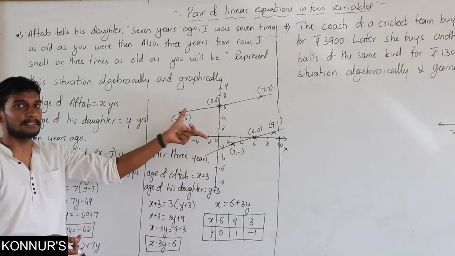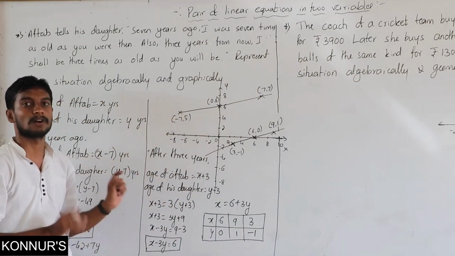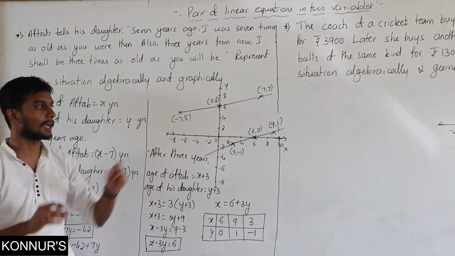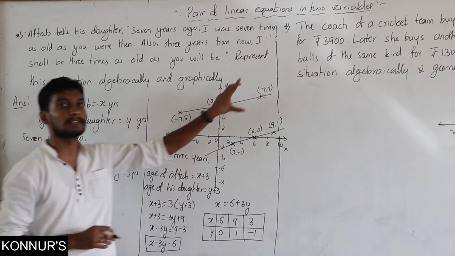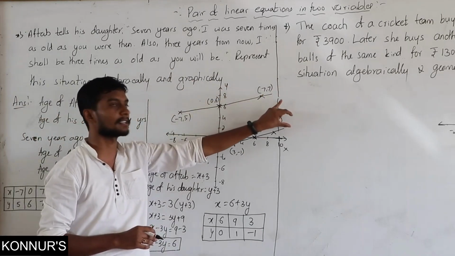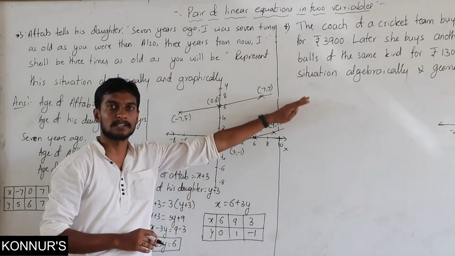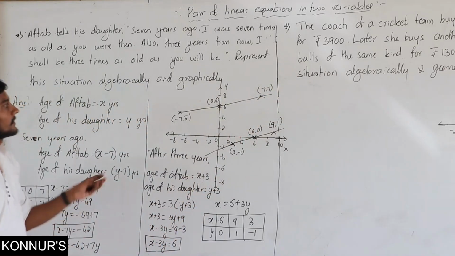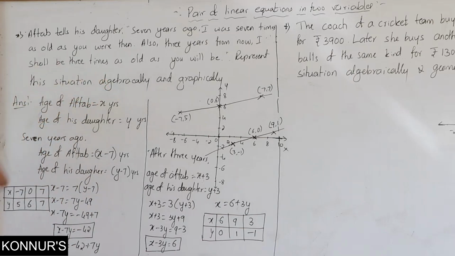Why? Because a1 by a2 is not equal to b1 by b2, and we have already studied that then the two lines will intersect. Here they have not intersected, but if you extend them, the two lines will intersect. And this is the first problem, where we have the situation algebraically and graphically.